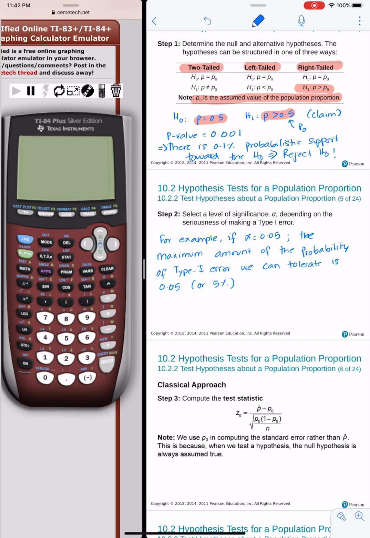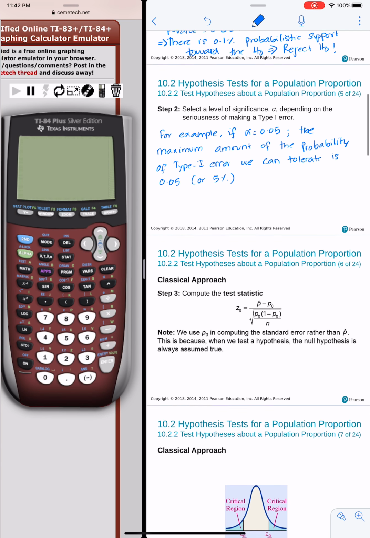That is the cutoff, and if we can't achieve that probability, in other words, if that probability ends up being 15%, then we don't find evidence toward the alternative and we do not reject the null.